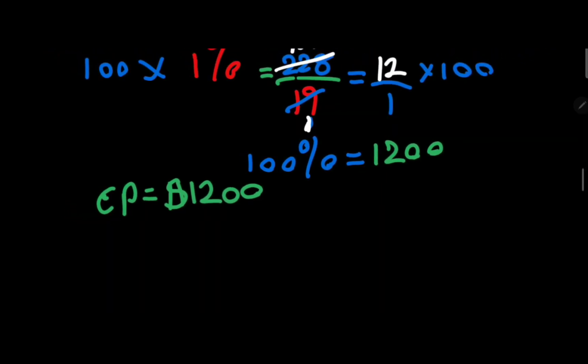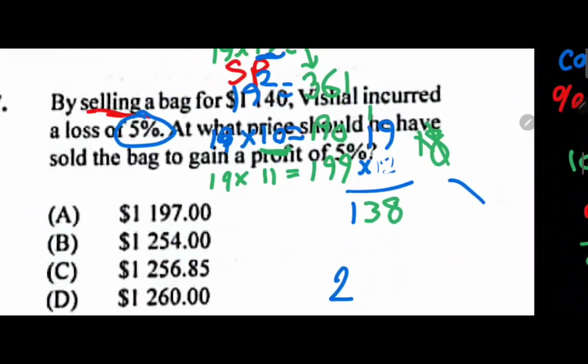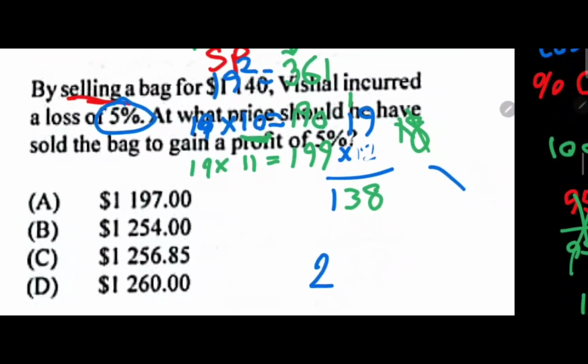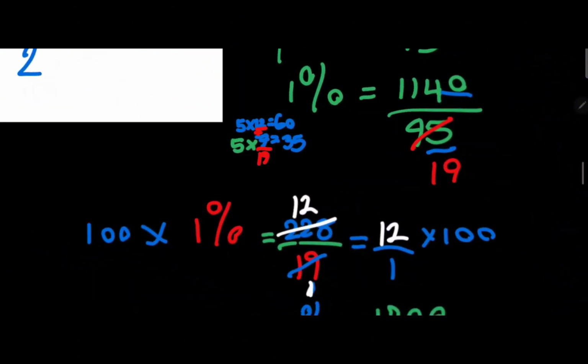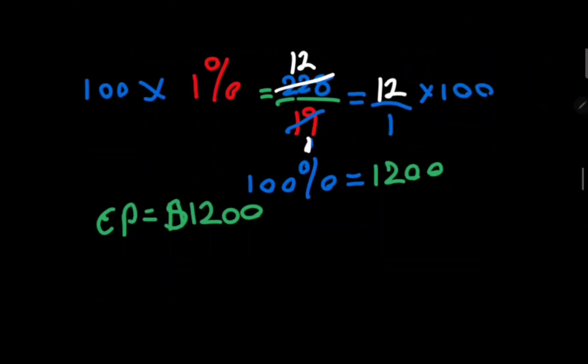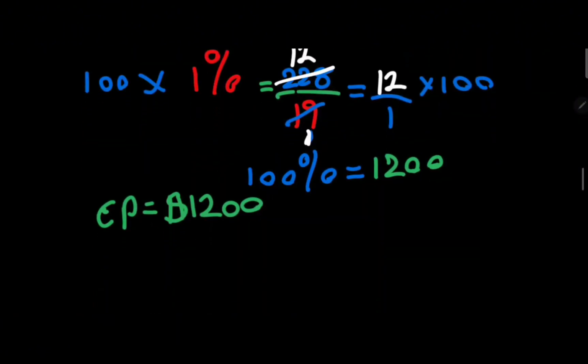But if we stop there, that would only have us break even, right? Remember, we want to make a 5% profit now. Okay, so we need to go up by another 5%.